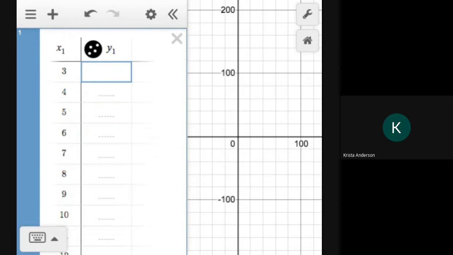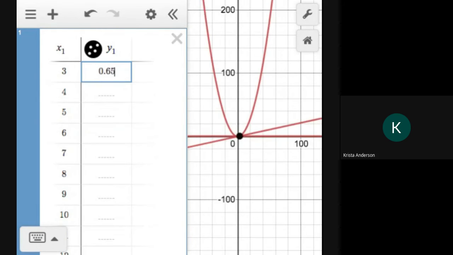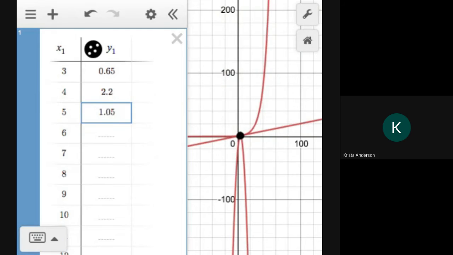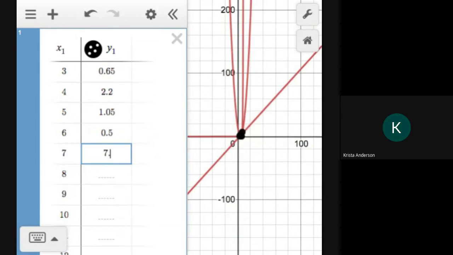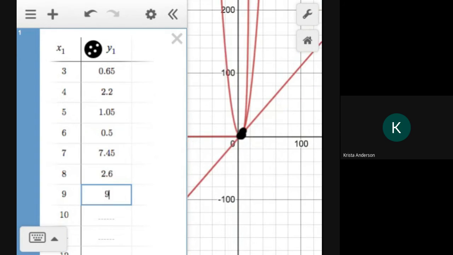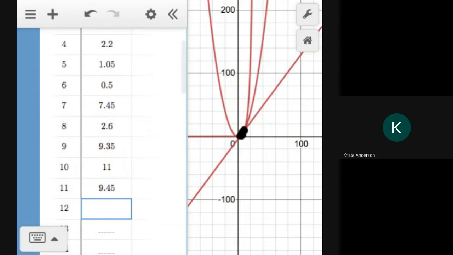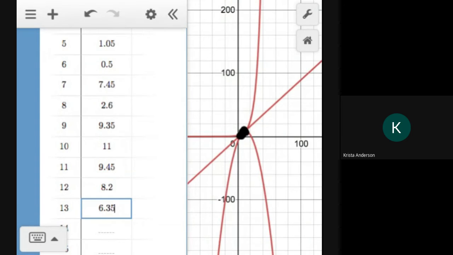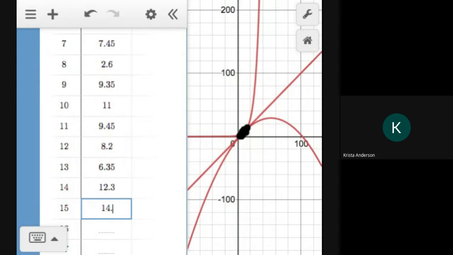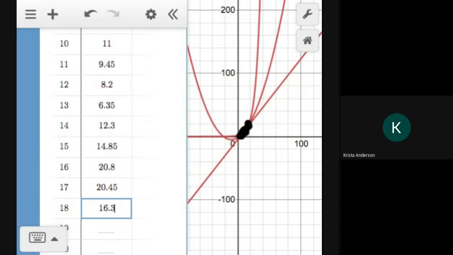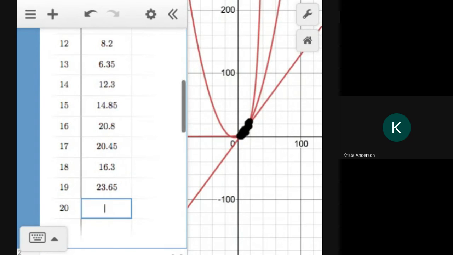Then I type in the right side. 0.65. All right, it's taking me forever.